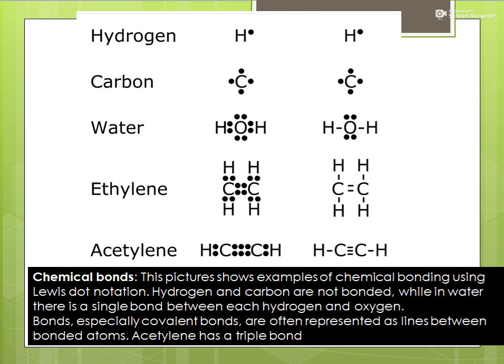In the case of sodium and chlorine, chlorine has 7 electrons and sodium has 1 electron in its outermost shell. So that electron is transferred from sodium to chlorine, and sodium becomes positive and chlorine becomes negative. That is an example of an electrovalent, polar or ionic bond.